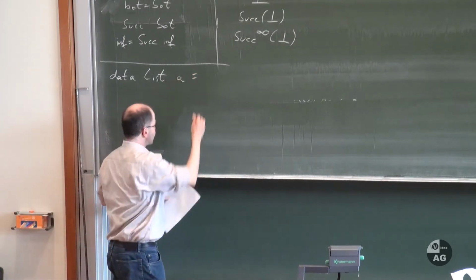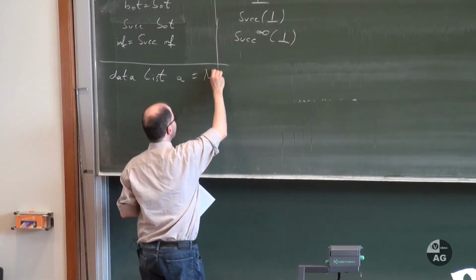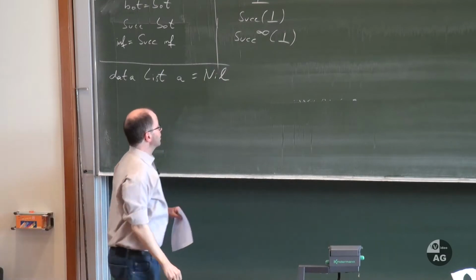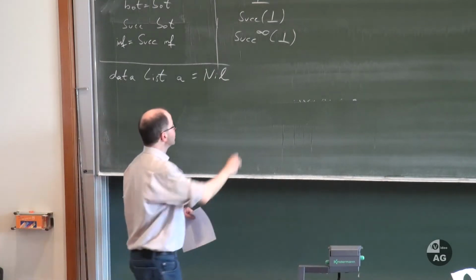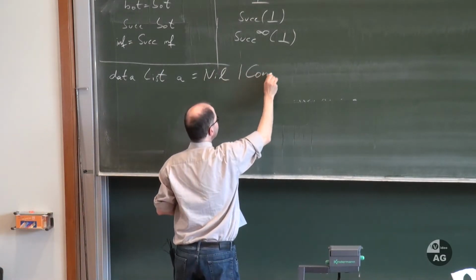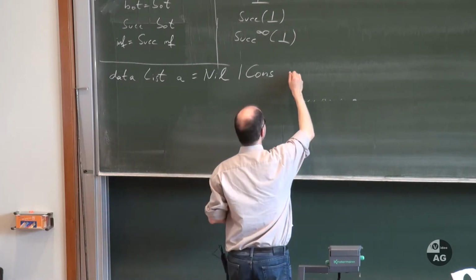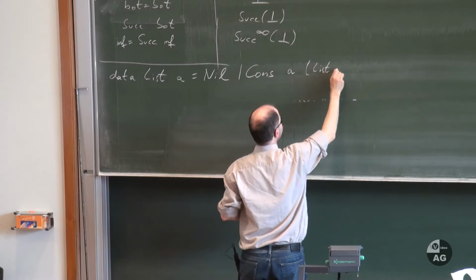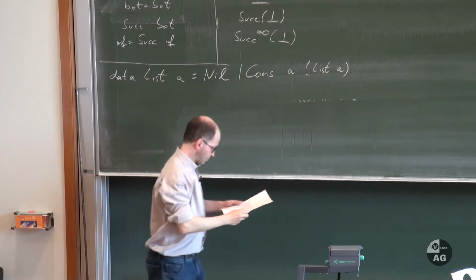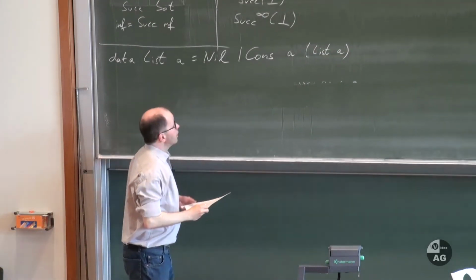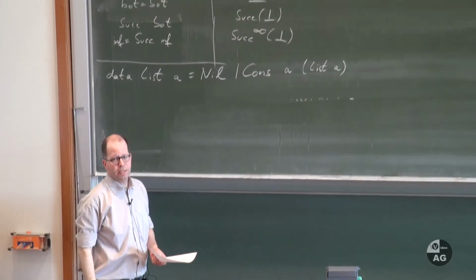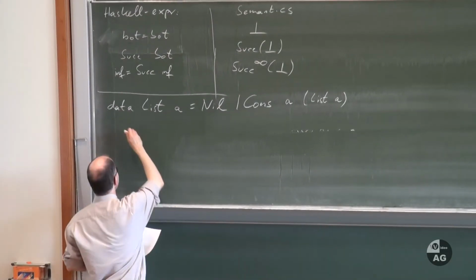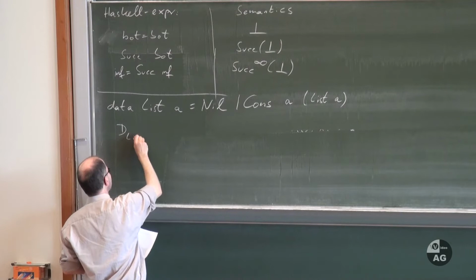We need two data constructors to construct lists, one for the empty list. We can, for example, call this nil, and one for non-empty lists, which we could call cons. So cons takes two elements, one of type A and one of type list A. Now, what is the domain for list A? Well, let's first look at the domain for something monomorphic.